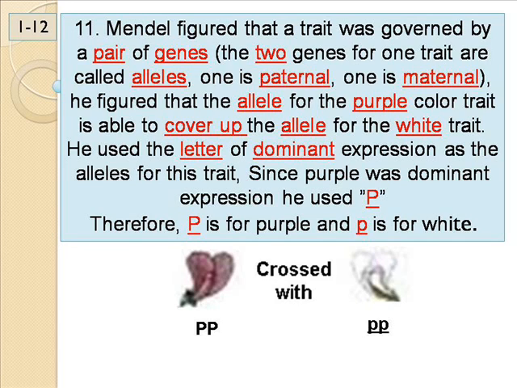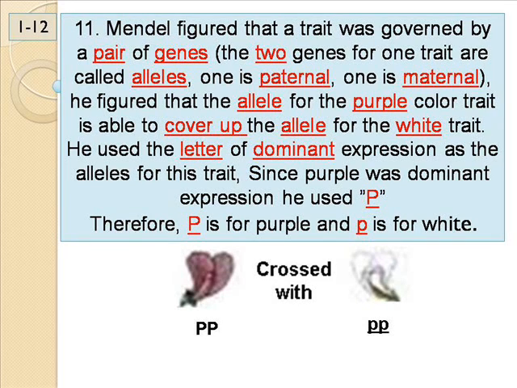Don't use W for white, use a small p. So if the dominant trait is purple, let's let a capital P be purple and a small p be the other. The other is what? White. Now don't use a P and a W.